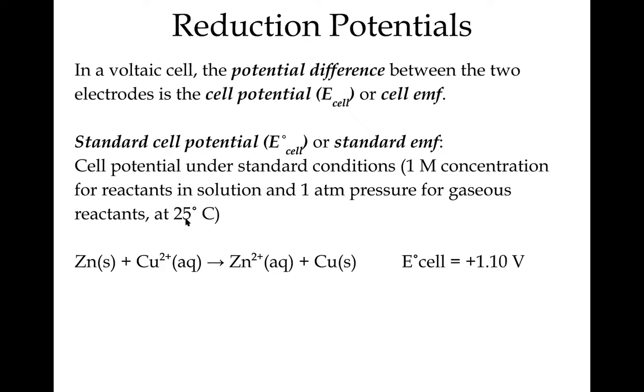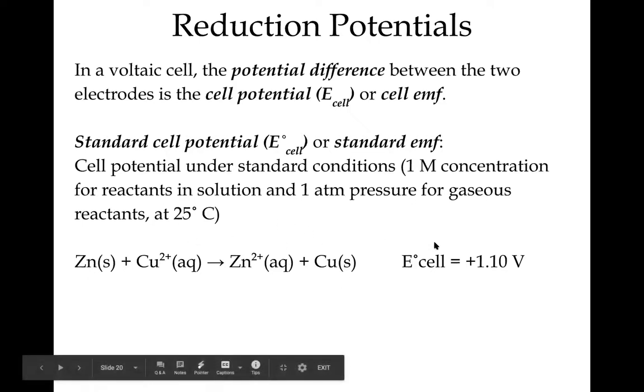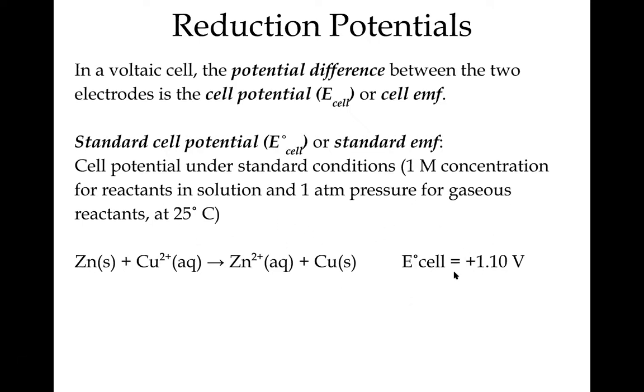Okay. So we look at this reaction again, this zinc and copper, we can say that that has a standard cell potential of 1.10 volts, okay? Meaning the difference between those two half reactions is going to equal 1.10, okay?